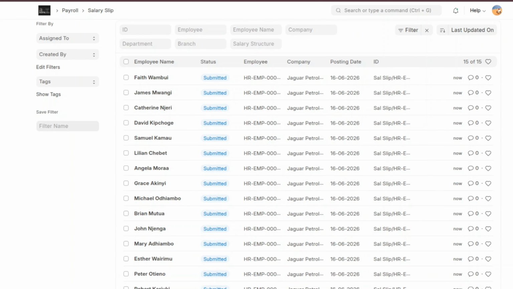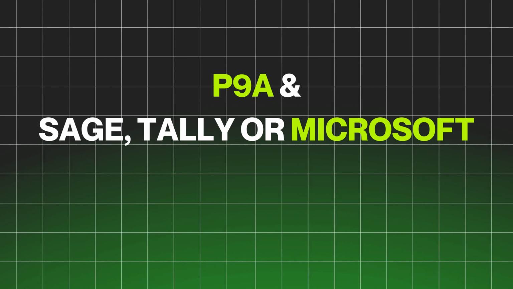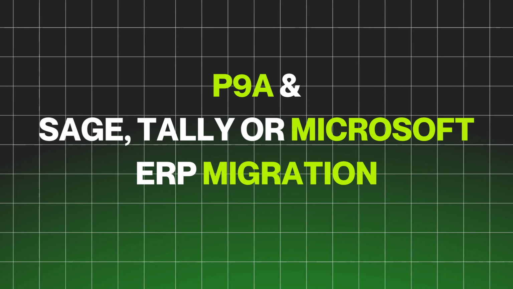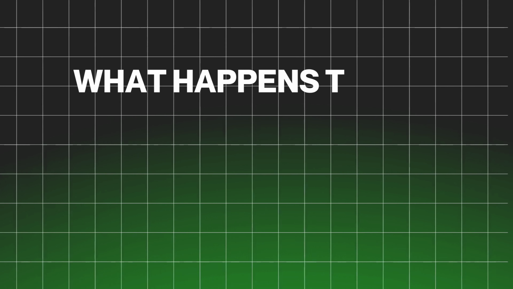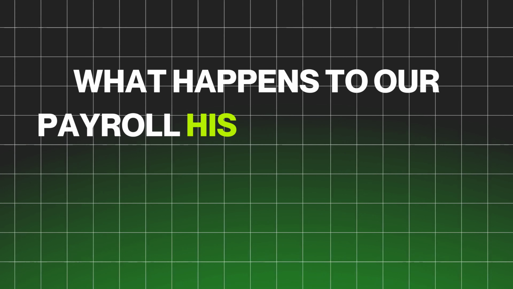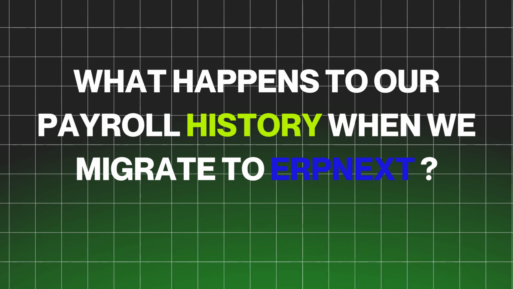One question we get from most companies considering to switch from Sage, Tally or other ERPs is, what happens to our payroll history? We have been on Sage since January, and the P9 needs the full year.